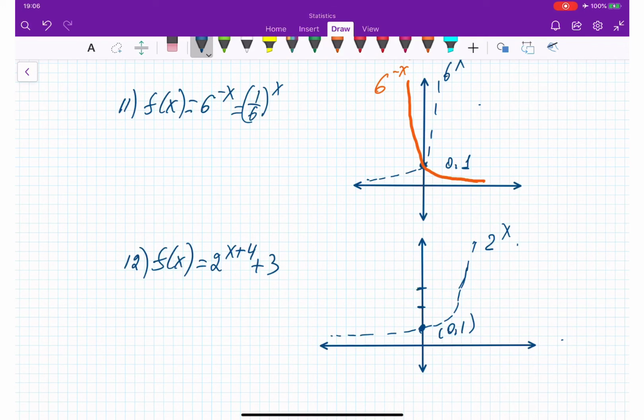This is going to be 3. So 0, 1, and we move from here. It's going to come all the way to 3. Right? Shifting by 3, and going negative by 4.